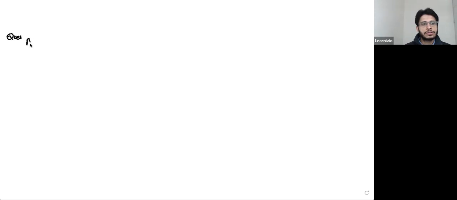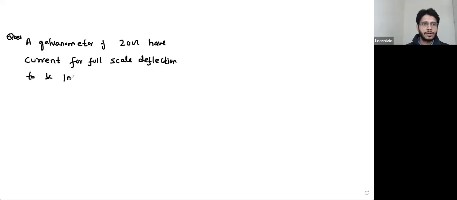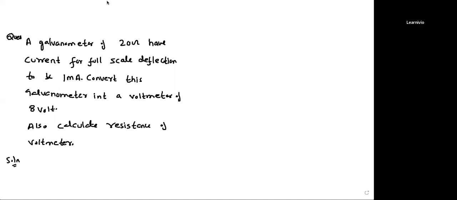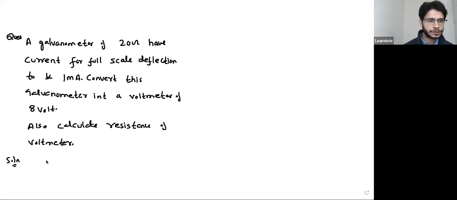The question is, a galvanometer... See, the resistance R is V by Ig minus G, right? So if I substitute values, V is 8.